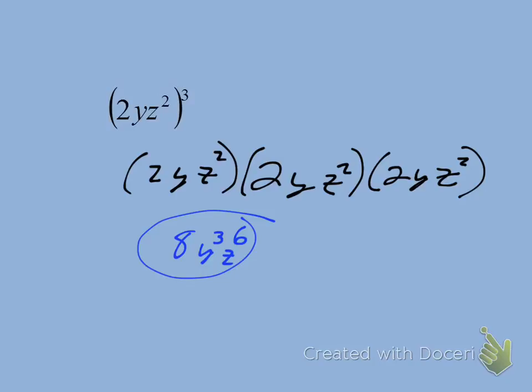Shortcut? Anybody see it? Dylan. Multiply the 3 by the exponents of y and z. Distribute. No, because you can't, it's not technically that. Okay, I like the y, I like the z. You cube them.